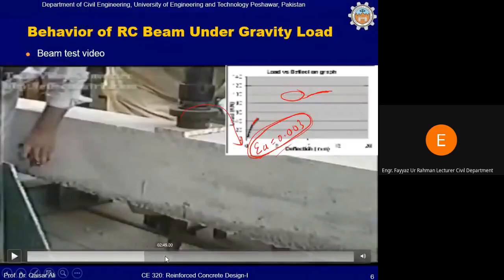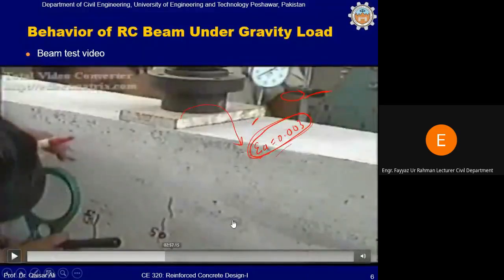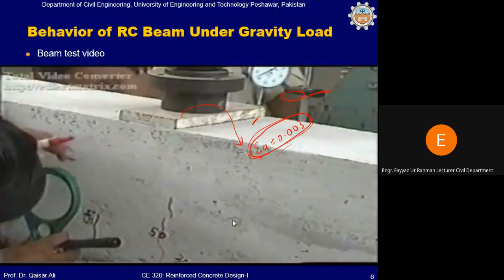After the cracks appear, as I told you, the tensile stresses will be taken by the steel. However, the stresses in the tensile steel as well as the compressive stress in the concrete, both will be in the elastic range.